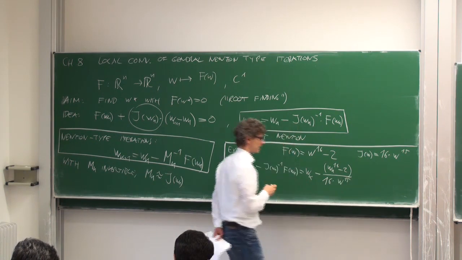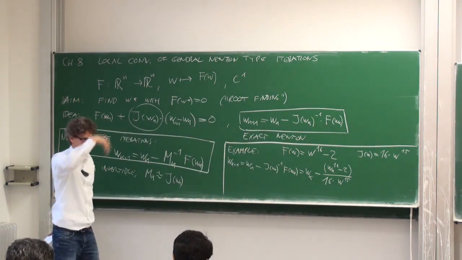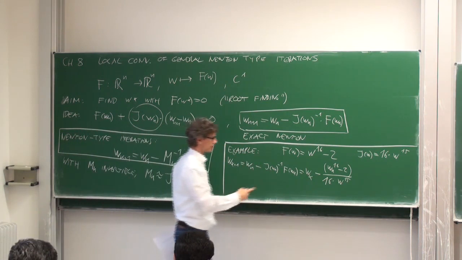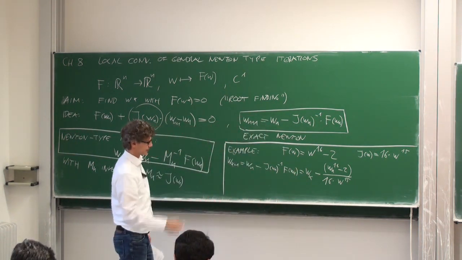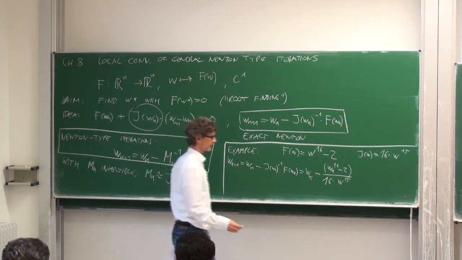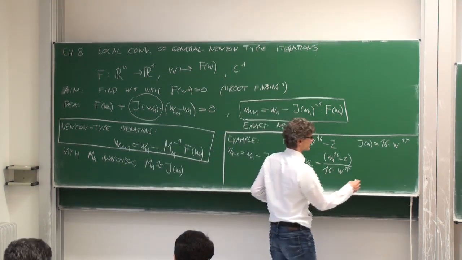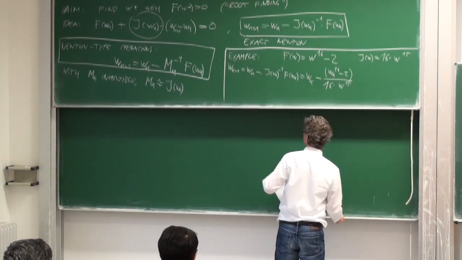Okay? So then we can do our calculations, and if you would start an iteration, when you initialize close enough to the real solution, you will get very quickly converging to the right solution.